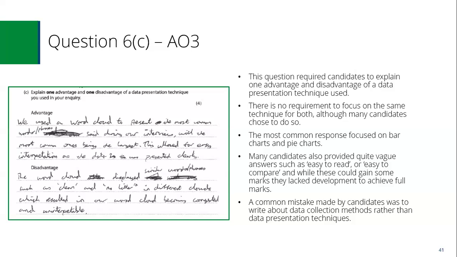This one here, as you can read, scored full marks because there was a developed advantage and a disadvantage. And it's important, whatever particular stage of the inquiry question, that candidates name what they are writing about. So there's a clear factor here: making sure that candidates have an idea of each part of the inquiry question and what they're doing and where they're doing it.